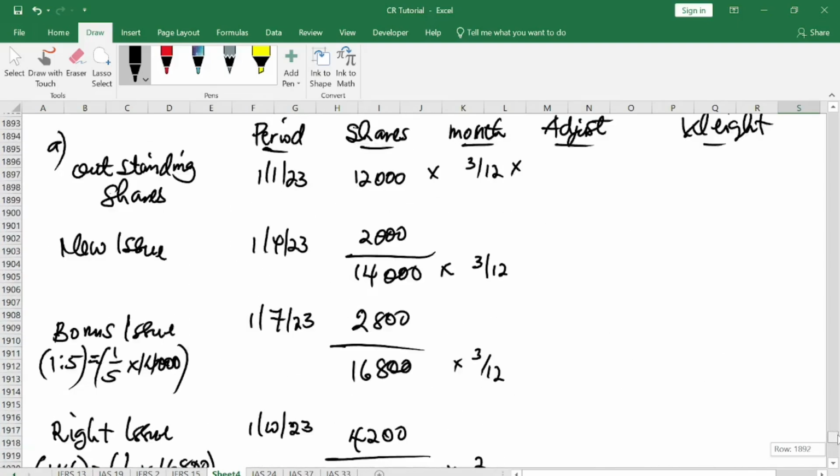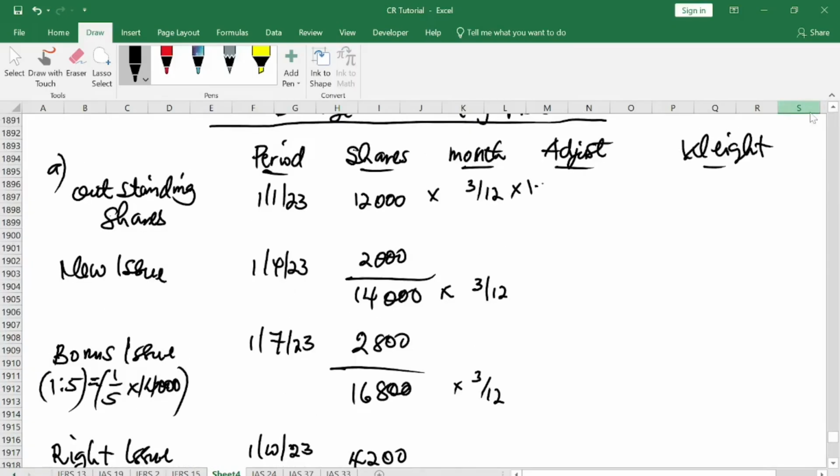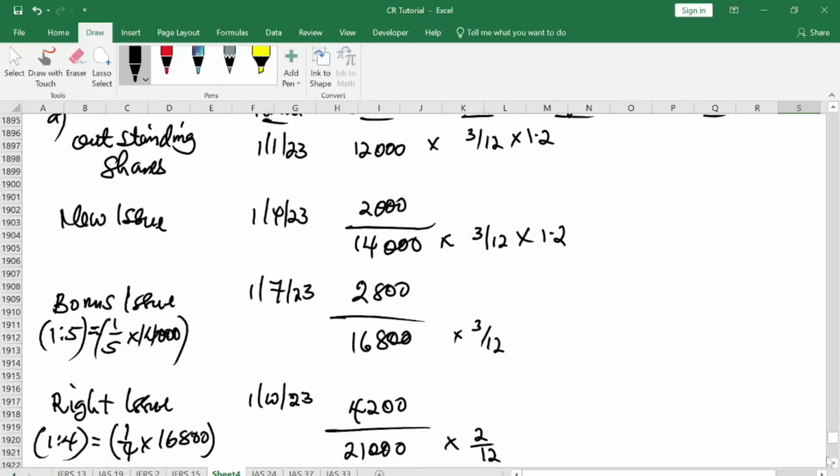So here you will pick it. You multiply the first outstanding by 1.2. Now there's a new issue. The next outstanding is 14,000, so you multiply by 1.2 here. And the next outstanding is 16,800. However, remember there is a bonus, and it includes the bonus issue.